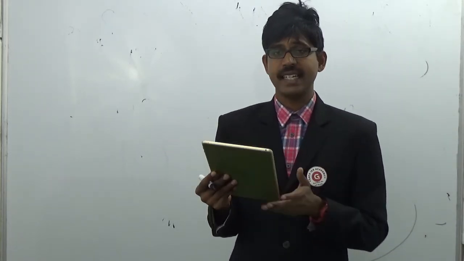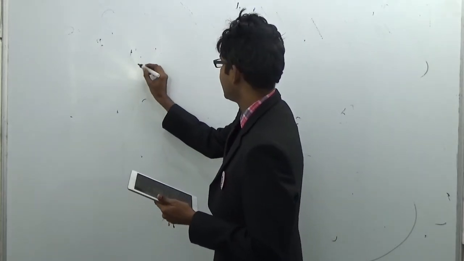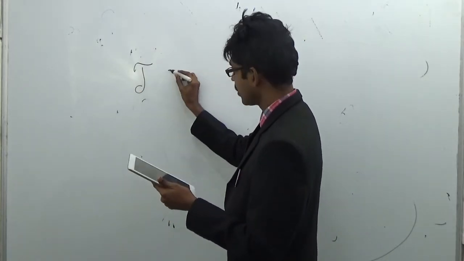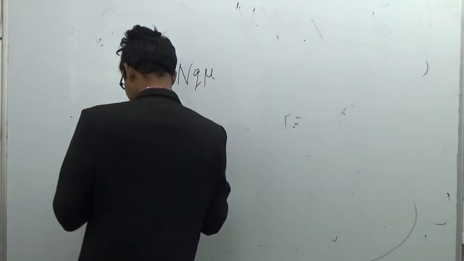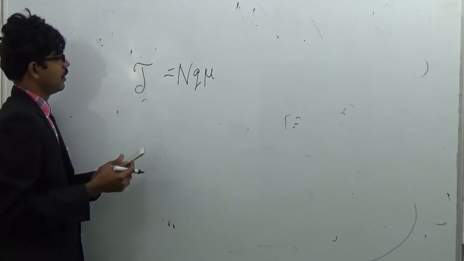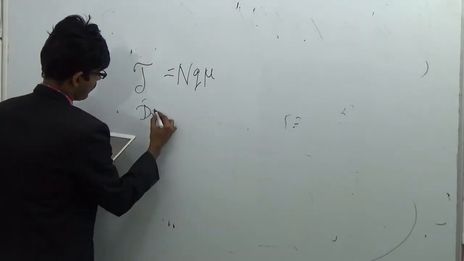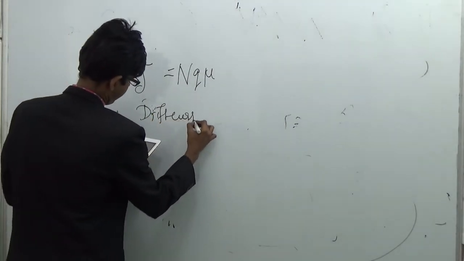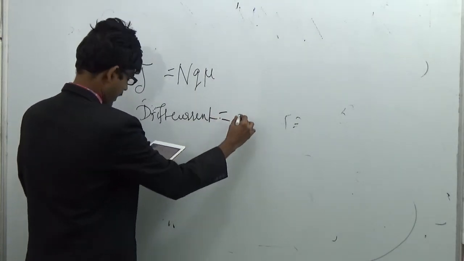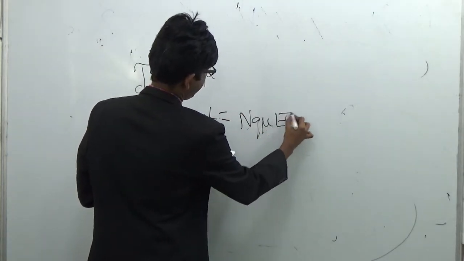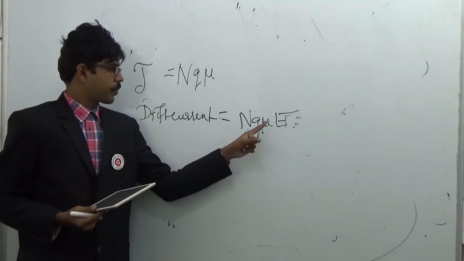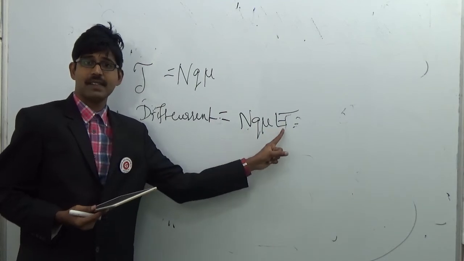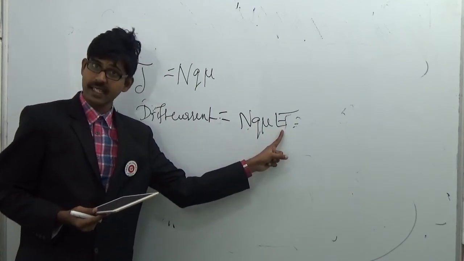Now, I have given you the formula for drift current density. It is given by J equal to N Q mu E. Now when you look here, it is proportional to the concentration as well as the electric field, not the concentration gradient.